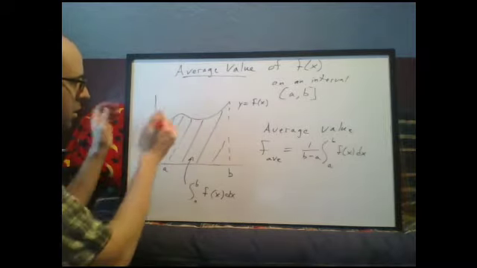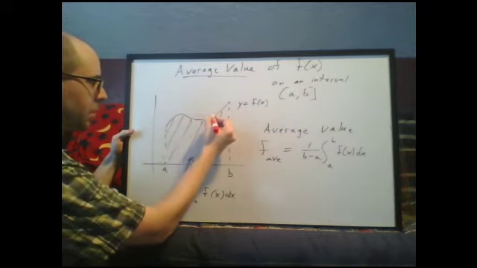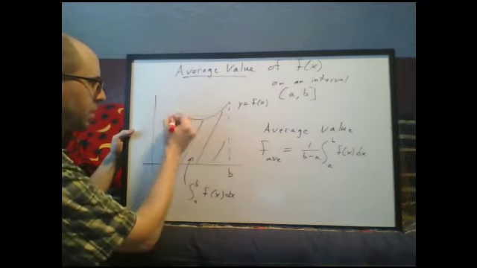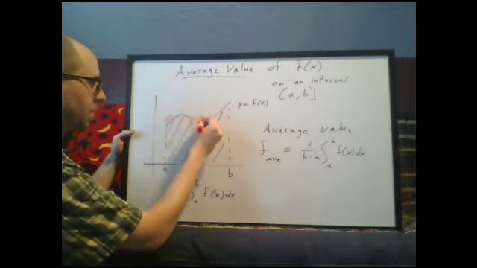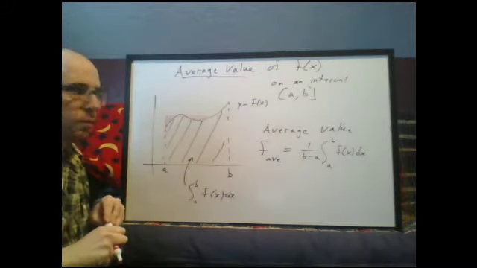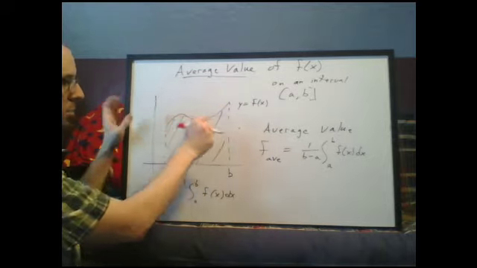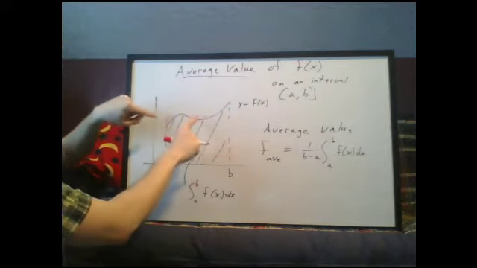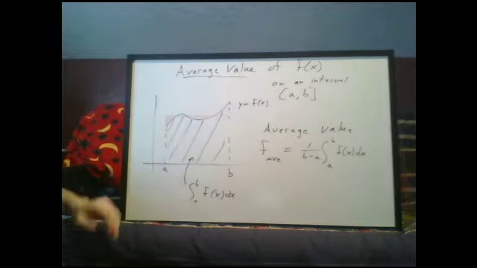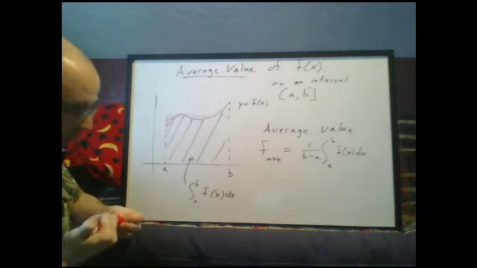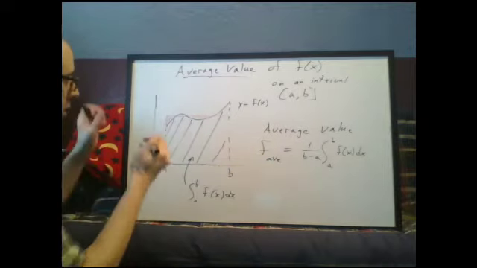So I don't know exactly where it'd be here, but maybe like this. Hopefully that is visible. So if I slice off this piece and this little piece, those areas, if I drew it properly, would fill in this extra piece and this extra piece, so that the total area would be the same. Okay, so the y value of that resulting rectangle would be f average, the average value of f.